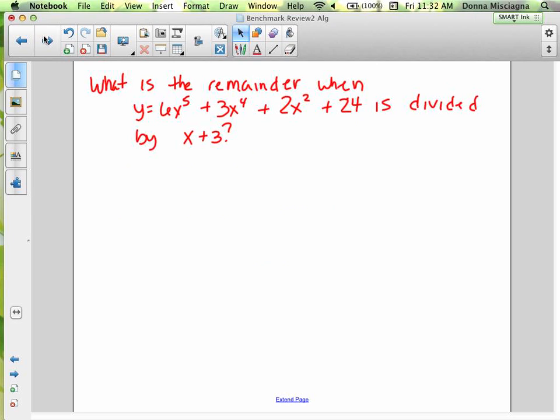What is the remainder when 6x to the 5th plus 3x to the 4th plus 2x squared plus 24 is divided by x plus 3? Since we're dividing by x plus or minus a constant, we can use synthetic division.